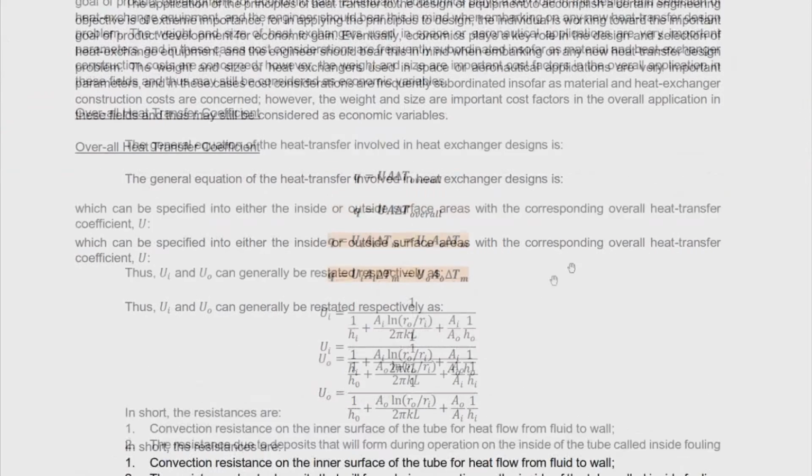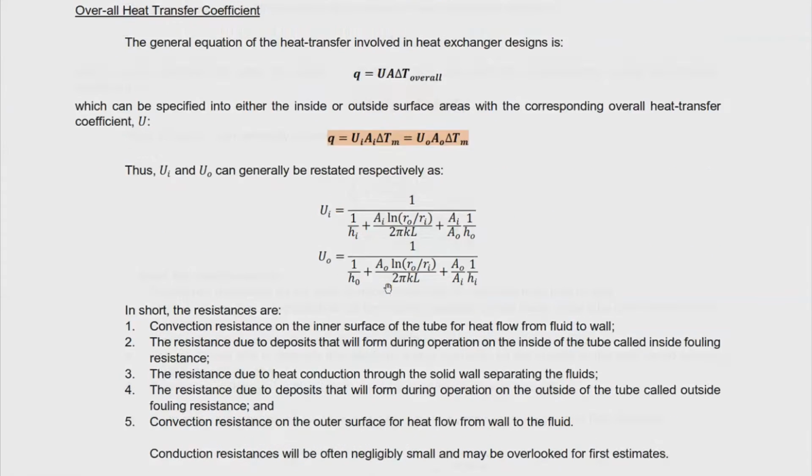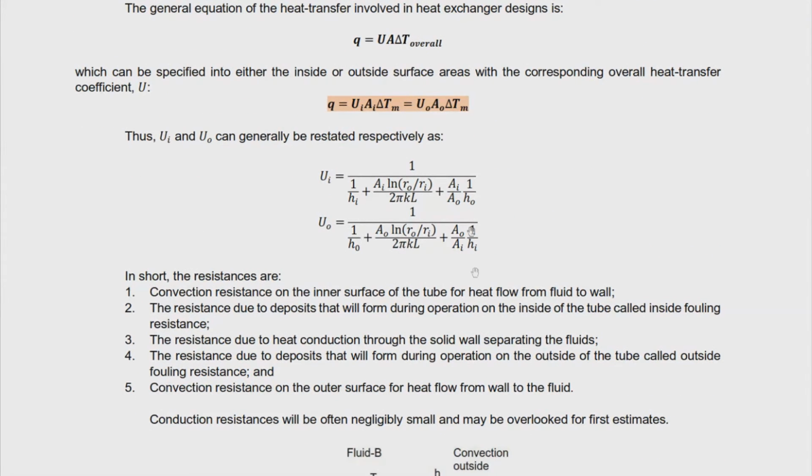So, saan ba yun? Ito. In this case, we have UI and then UO. So, basically, yung UI nga na banggit ko before na with reference to dun sa inside and then yung UO is on the outside. So, pag kinonsider natin yung UI, the overall heat transfer coefficient is considering the area on the inside, and then dun tayo mag-evaluate yung ating overall heat transfer coefficient.